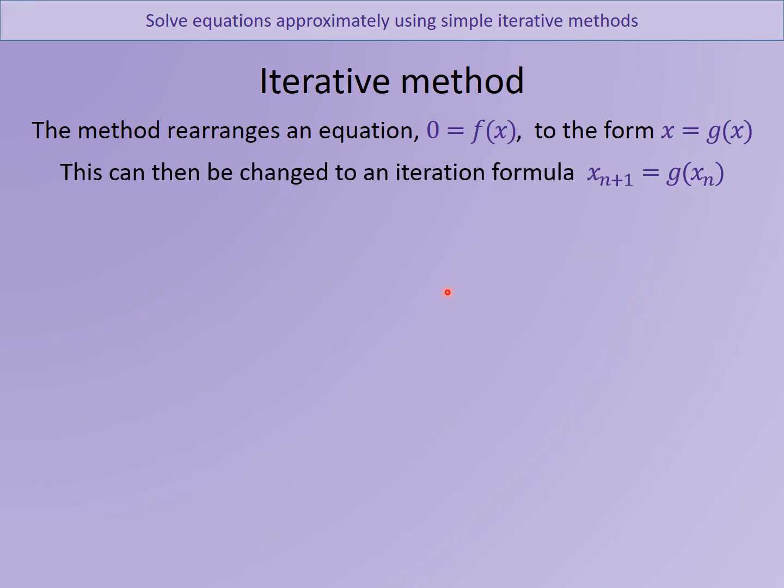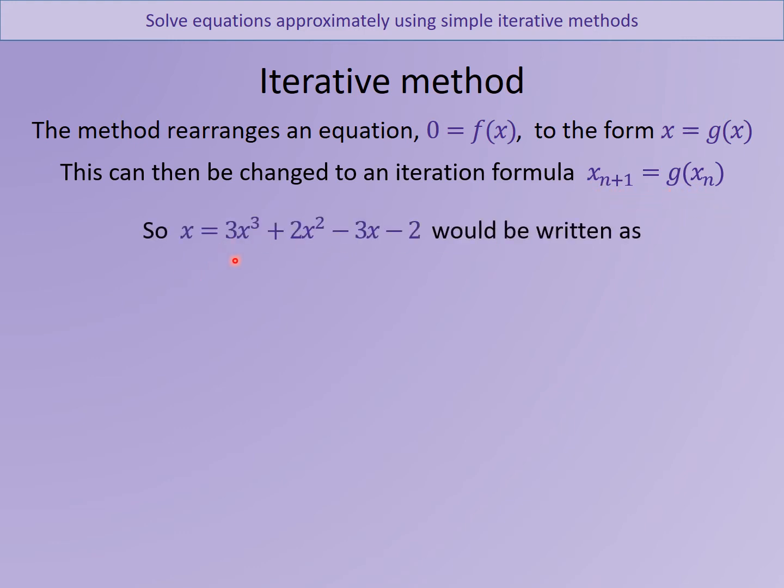So because we've got it in this format, we can work out an iterative formula by just replacing the x inside the function with xn, some guess for an x value, and then when you put it through this function g, you end up with another value of x, which is hopefully an improvement.